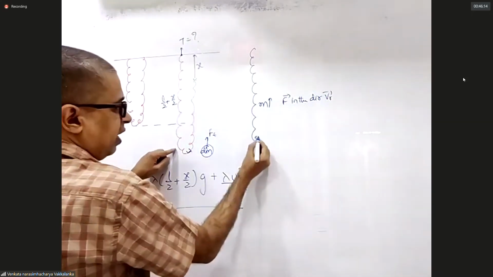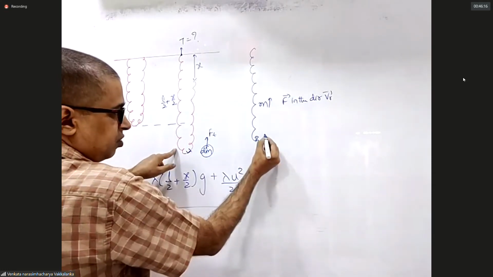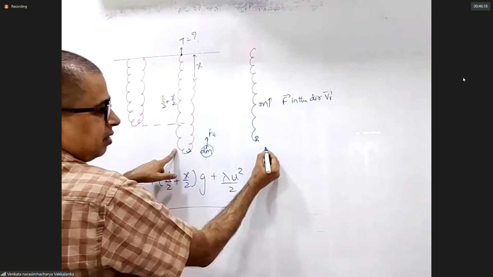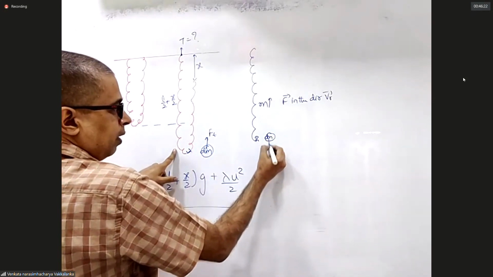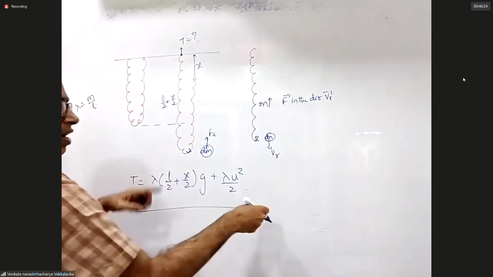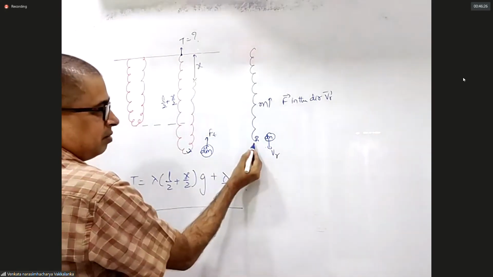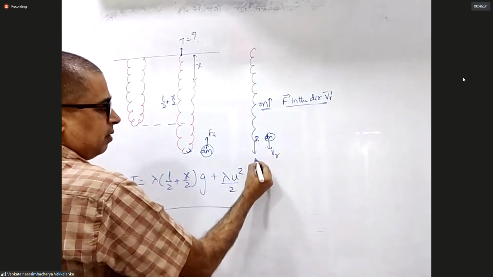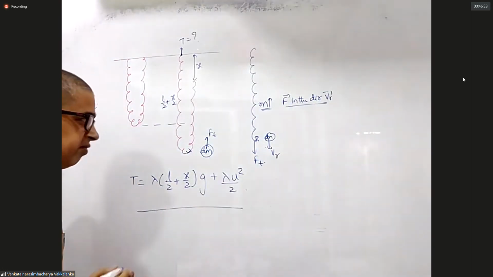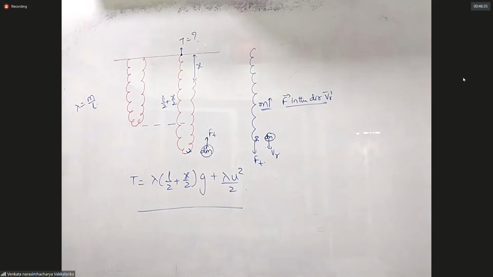Now somebody is standing here. He is seeing this chain going in downward direction. The element dm, according to him, is going with a relative velocity VR in the downward direction. So mass is increasing, and the thrust force is in the direction of VR. Ft will be in the downward direction.